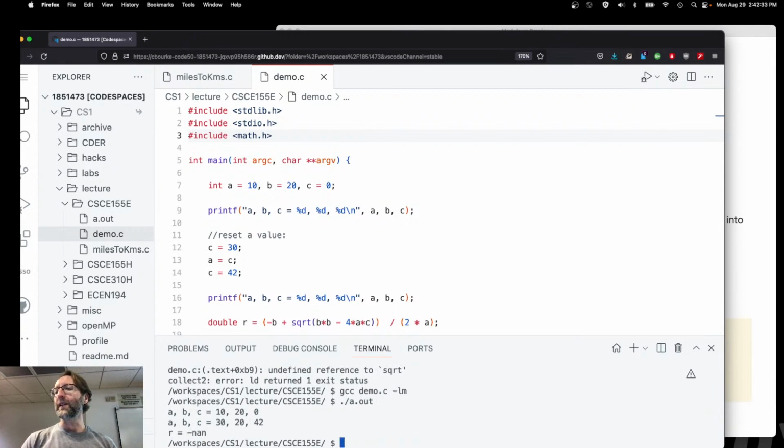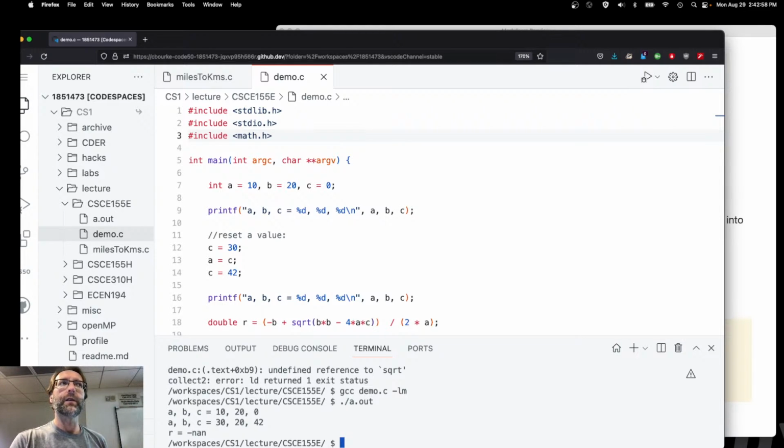There we go. NaN. Why? What is NaN? Not a number, right? Some things can go wrong. What went wrong here? If you take out your calculators and compute, what is B squared, 20 squared, 400, minus 4AC, 4 times 30 times 42.